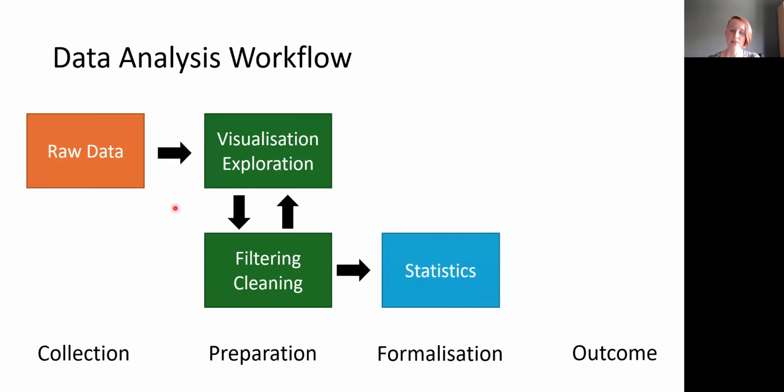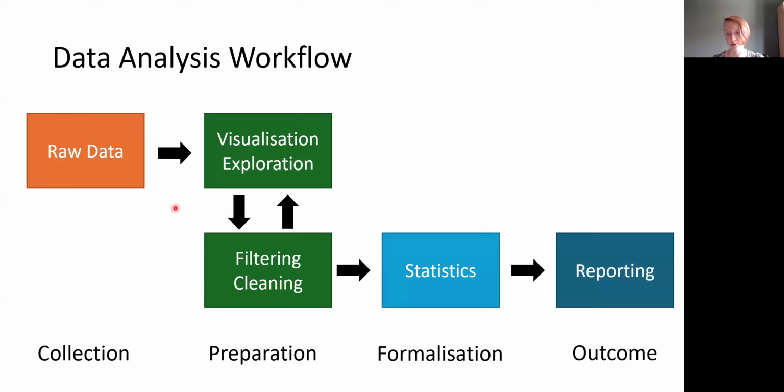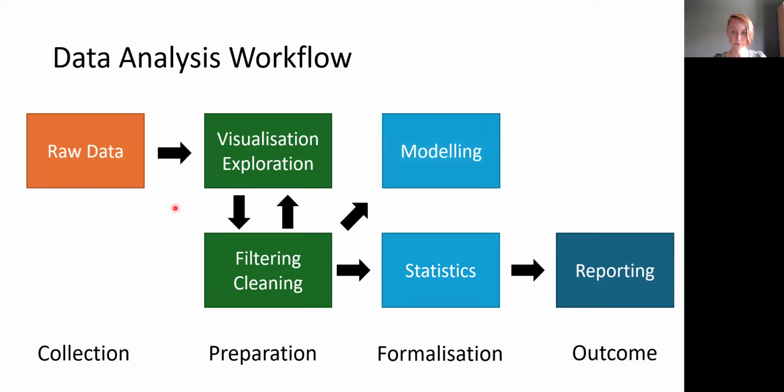Then usually we'll do some kind of statistics to formalize our result, which will give us some outcome that we can report. So that there is or is not some statistically significant result is usually what we would end up with. If we are using machine learning, instead of doing statistics, we will do modeling. Sometimes that can be what we report.